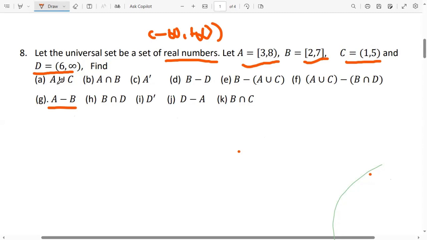Okay, so how can we find that set, the A union C? We simply just have to plot the set A on the number line, and then also plot the set C on the number line, and then combine them together. Remember, when we are unionizing, we are getting all the members from one set and combining them with all the other members from the other set. Okay, so this is what we have.